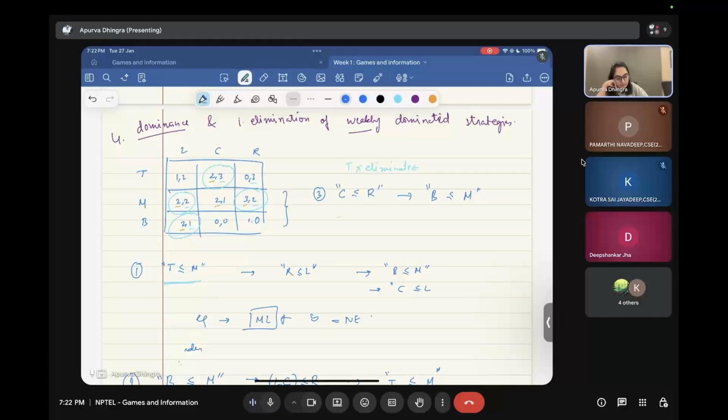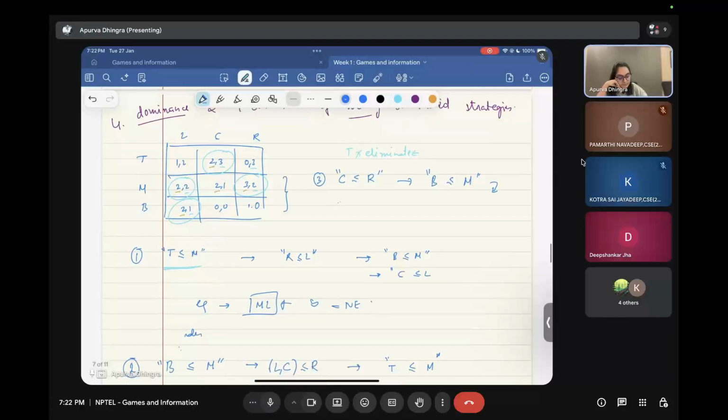So now we are left with this portion and this portion. Next, what can we do? I guess we can remove T. If we compare T with M, then we can remove T. We can't compare T and L, right? They're for different people.